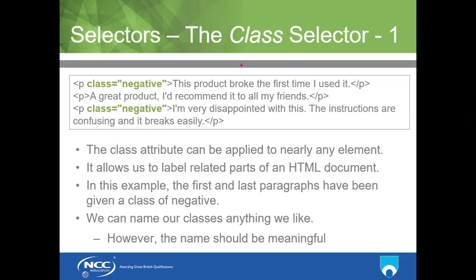Now we have two very important selectors that you should never forget because you're going to be using them to make your work easier. The first one is called a class selector. The next one is called an ID selector. Normally, you use a class selector when you want to specify properties that are going to be applied to several elements.